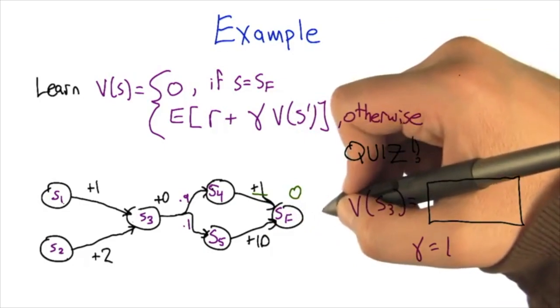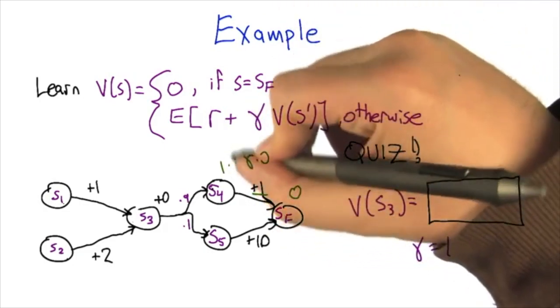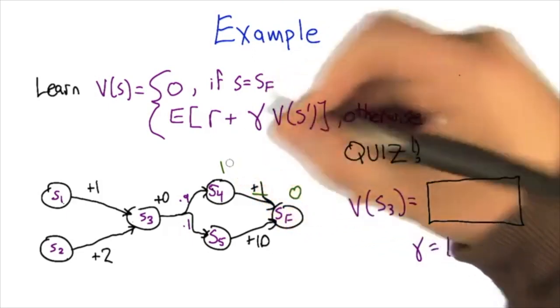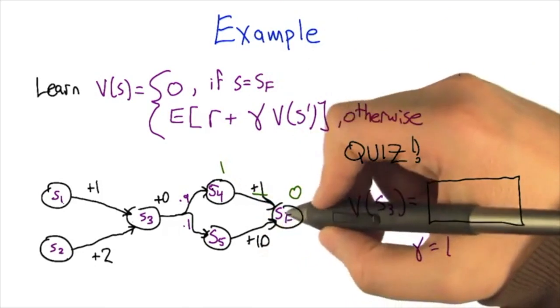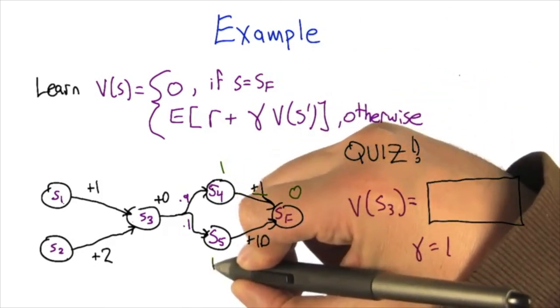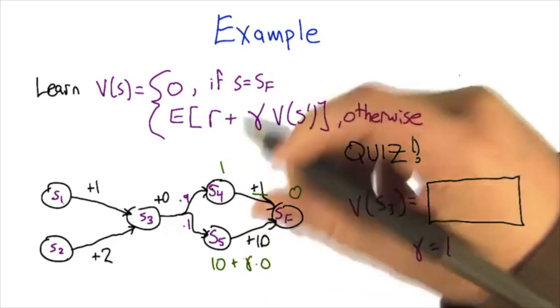Well, so that would be 1 plus gamma times 0, which is 1. Okay, and then for S5, I can do the same thing. In this case, it would be 10 plus gamma times 0, which, of course, is 10.